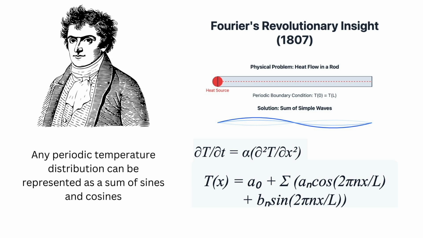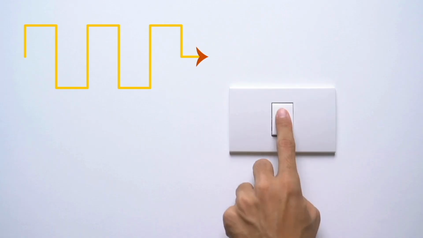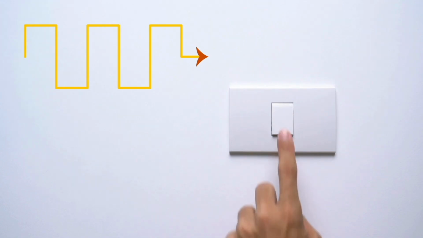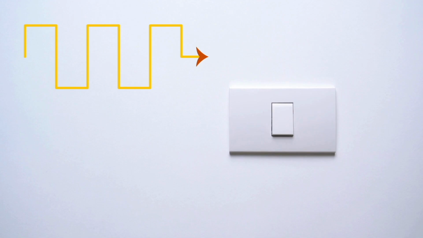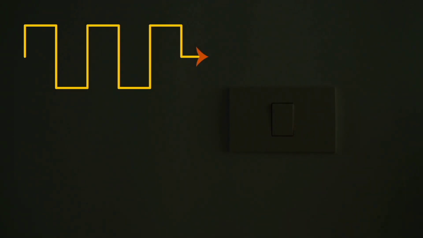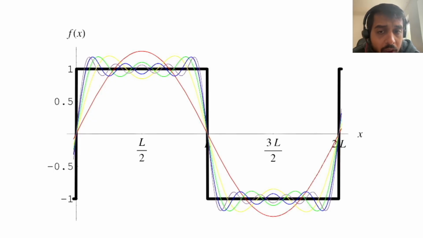For example, even if we have a square wave, like switching a light continuously on and off, Fourier showed that even the square wave can be constructed by combining infinitely many sine waves of different frequencies, even though the square wave has sharp corners.